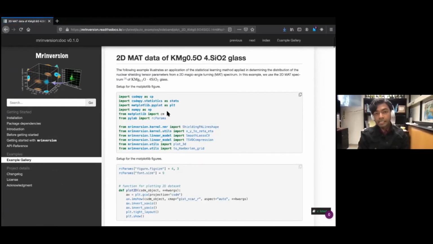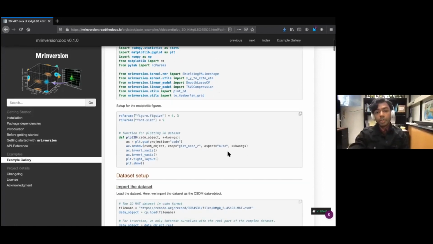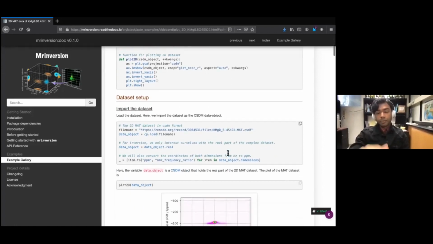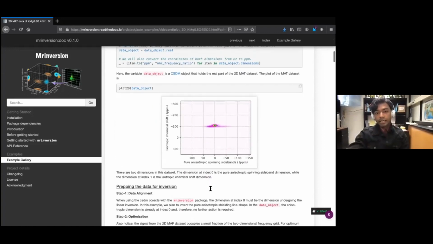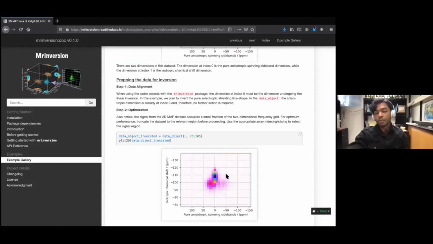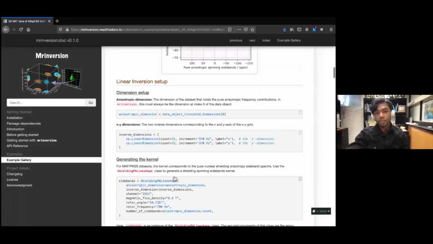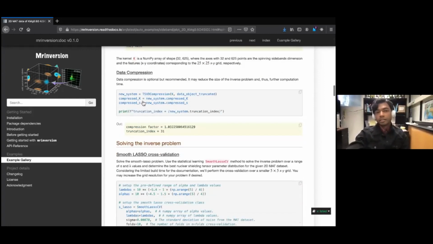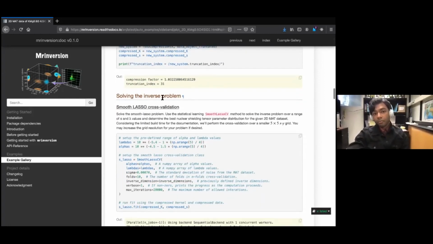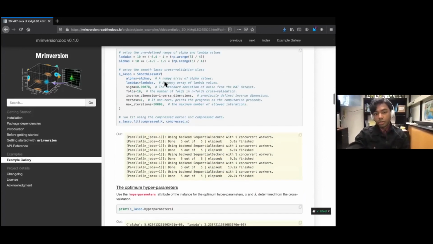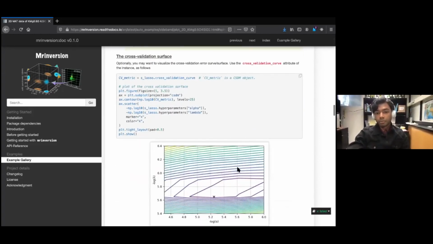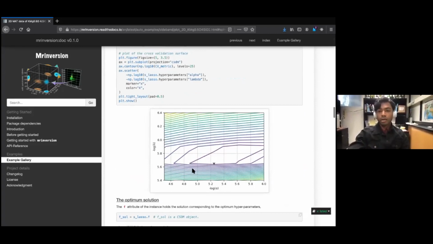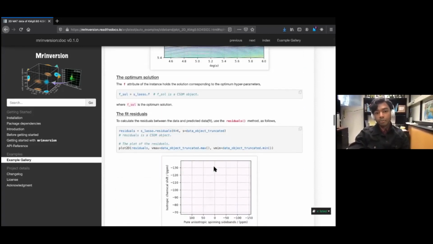And this is an inversion of potassium magnesium tetrasilicate glass, where we show the entire script of how you can get the data set, focus the data onto the desired region, set up the inversion kernel, generate the kernel, and then optionally compress the data, and then set up the inversion problem, which is smooth-LASSO cross-validation, and then plot a cross-validation plot and get the optimum alpha and lambda parameters.